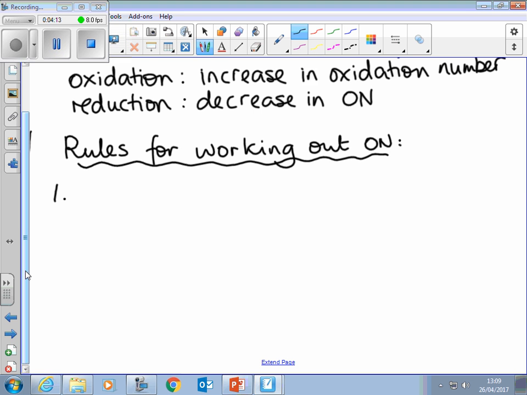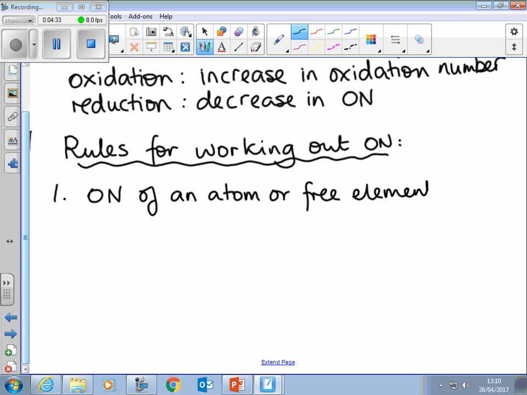So, first rule, and I shall just put ON for oxidation number. Remember, it can be oxidation state, so you might sometimes see OS. But to start with then, the ON of an atom or free element is 0.